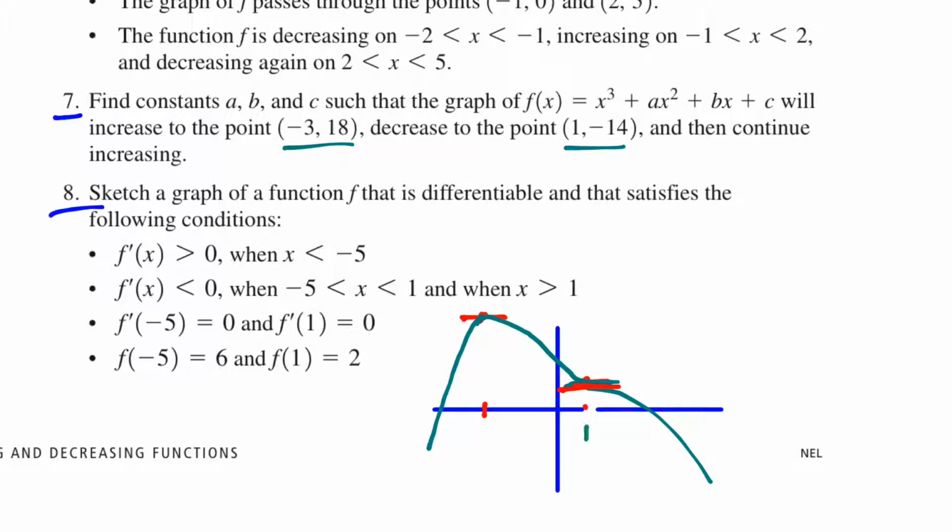The graph is something similar to what we drew here. This is important to know at negative 5 and 1 the tangent line is horizontal. Basically, the tangent line is passing through the graph of the function.